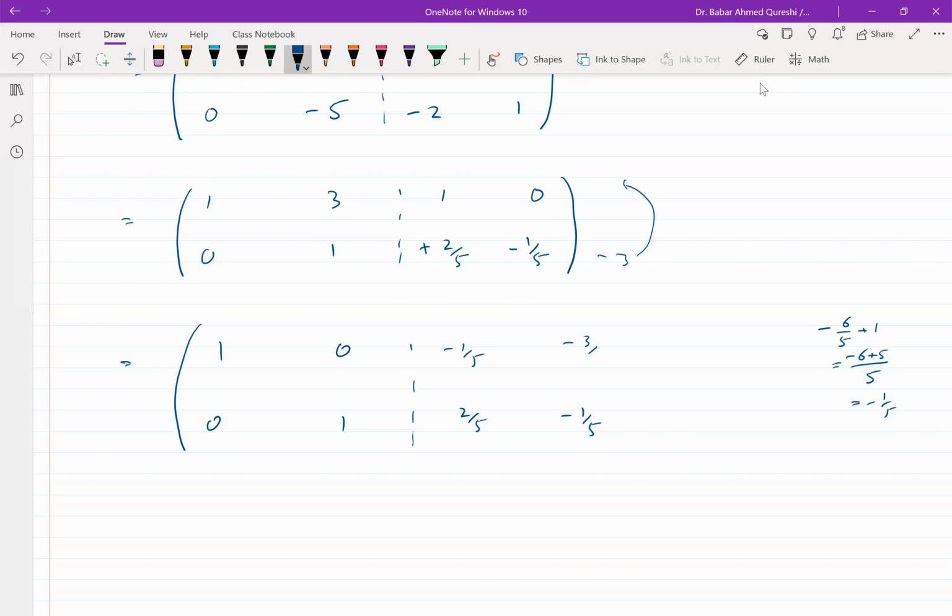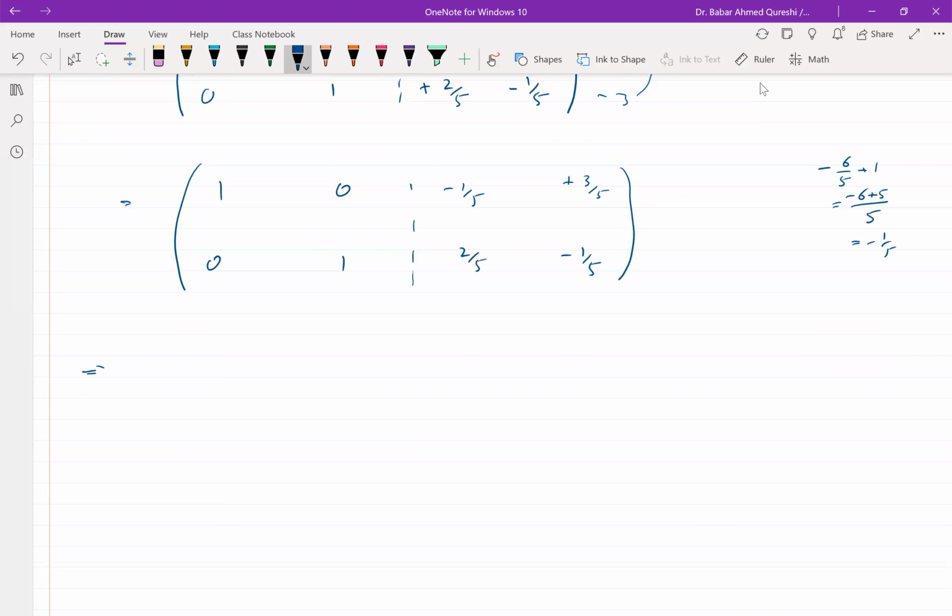I'm multiplying it with a minus 3, so plus 3 over 5. So that means X inverse is 1 over 5 times minus 1, 3, 2, minus 1.